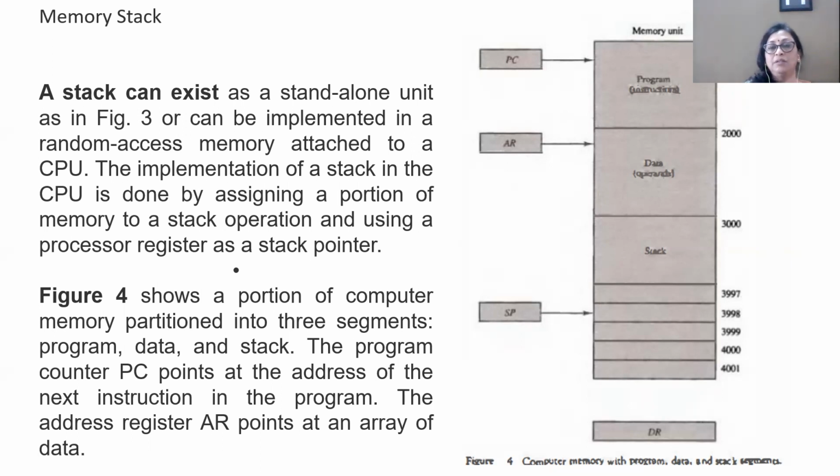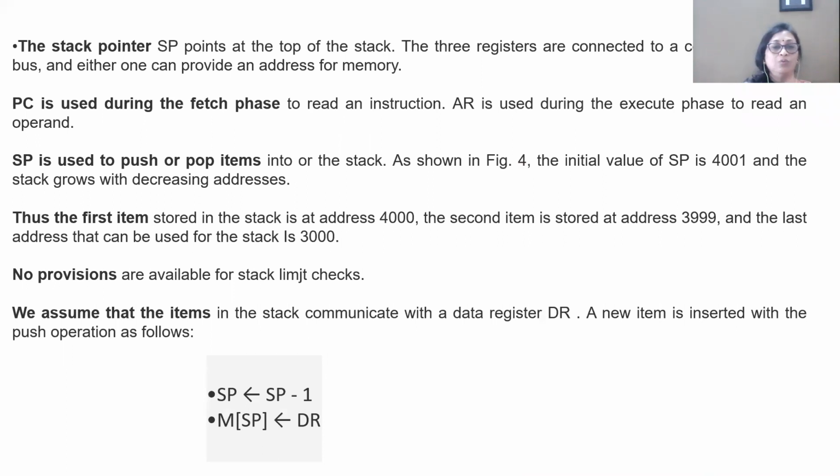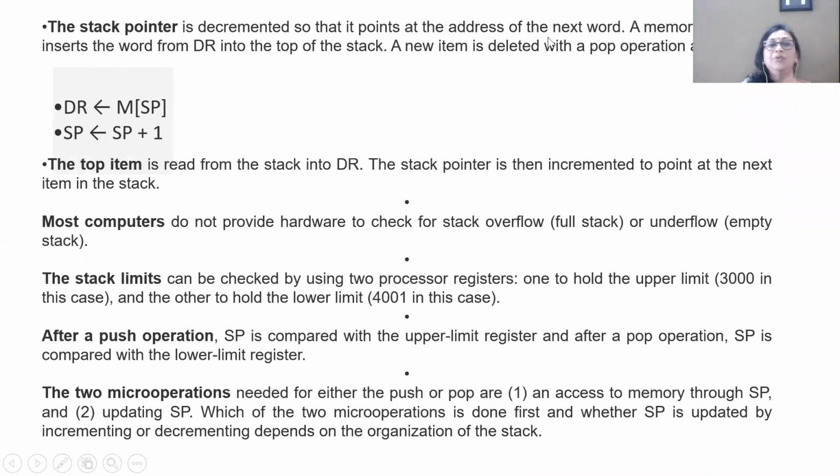And during the pop operation, after carrying out the pop, your stack pointer must be incremented by 1. So this is exactly the reverse of your register stack. Here you can observe SP = SP - 1, and then the contents of the data register will be added onto the top of the stack. And during the pop operation, the data element from the stack memory will be moved to the data register, and thereafter the stack pointer will be incremented by 1.